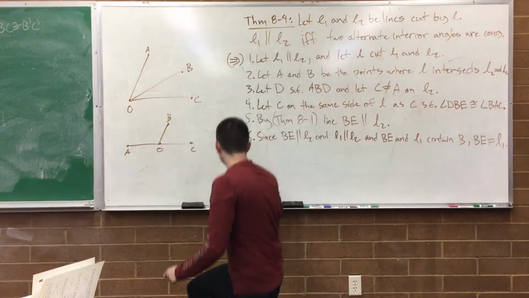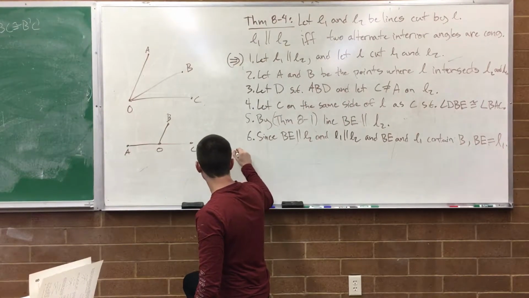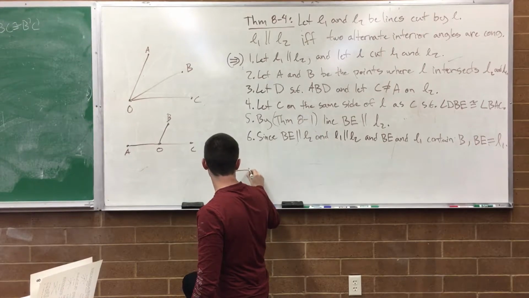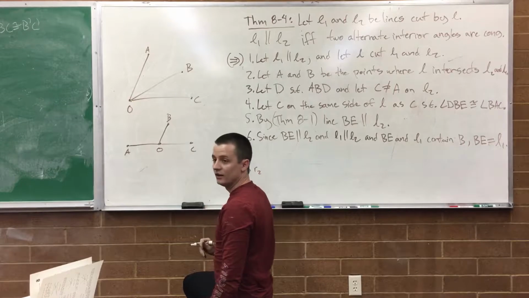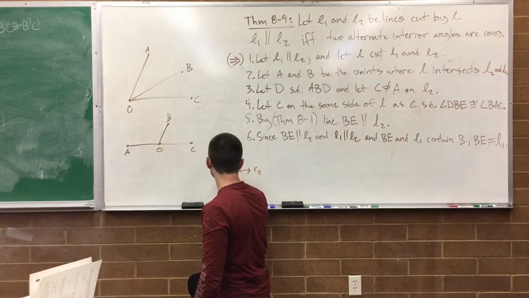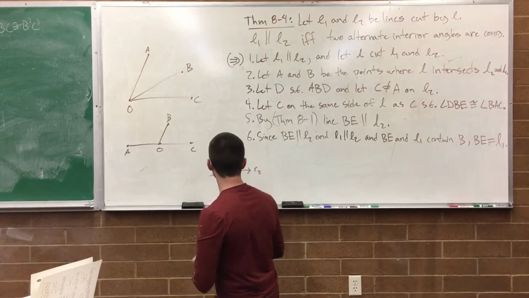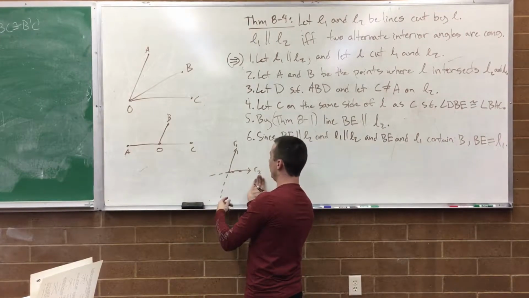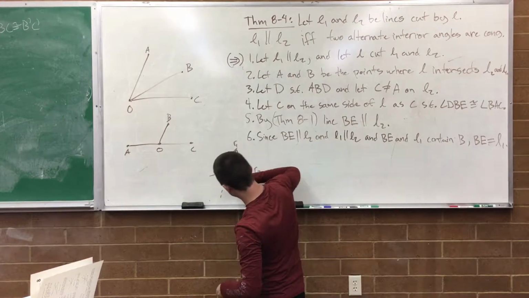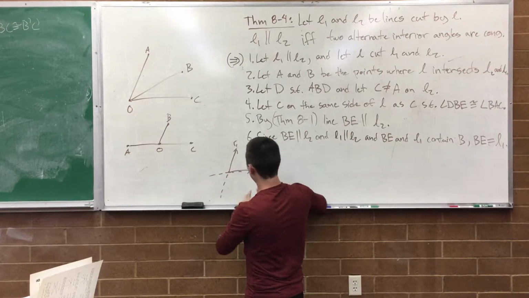What's the interior of an angle? If I have some angle composed of two rays, R1 and R2, the interior is all the points on the same side of R1 as R2. So that gives us all these points.